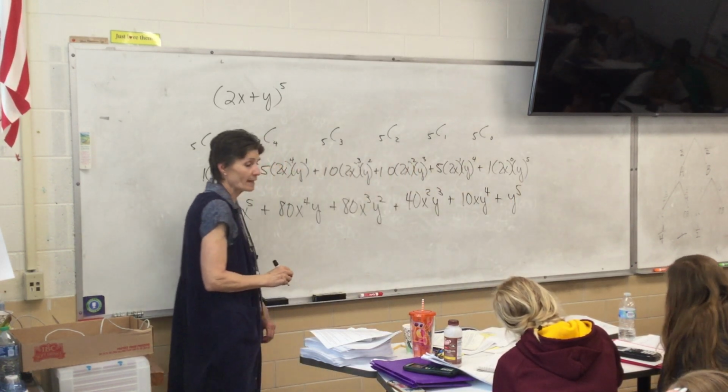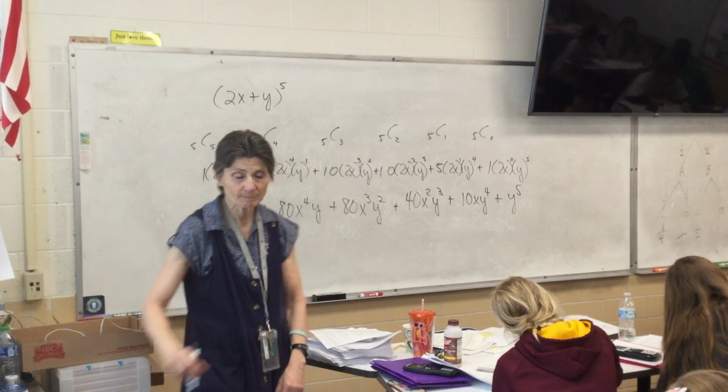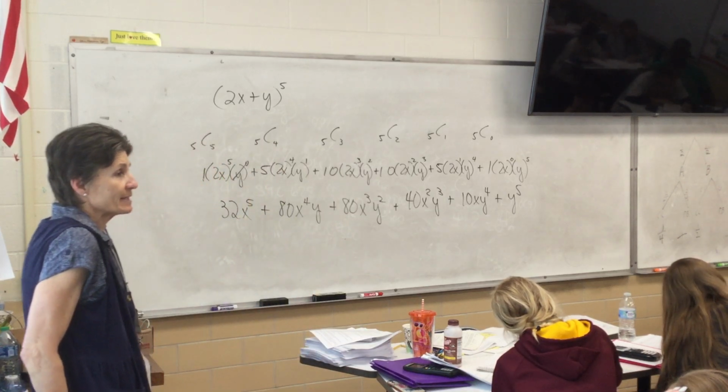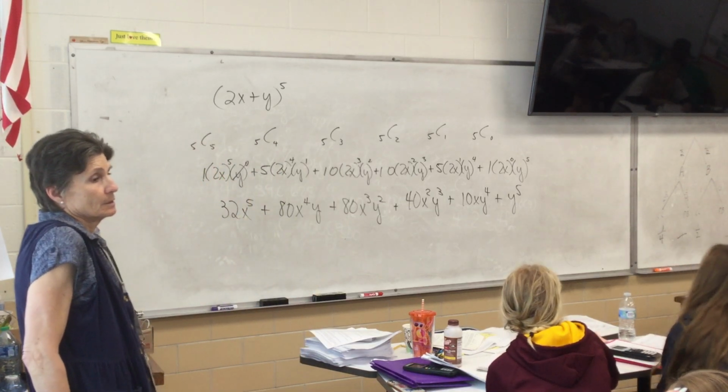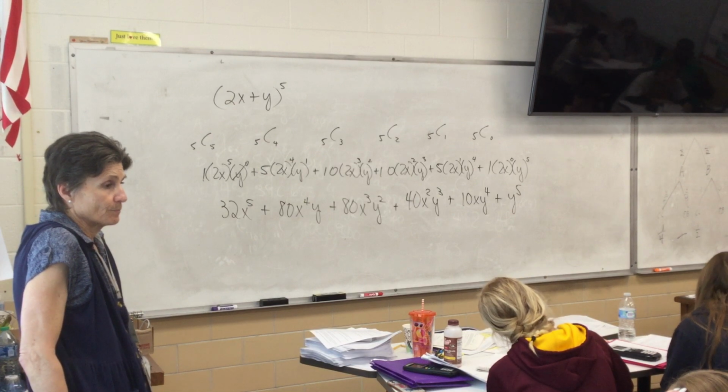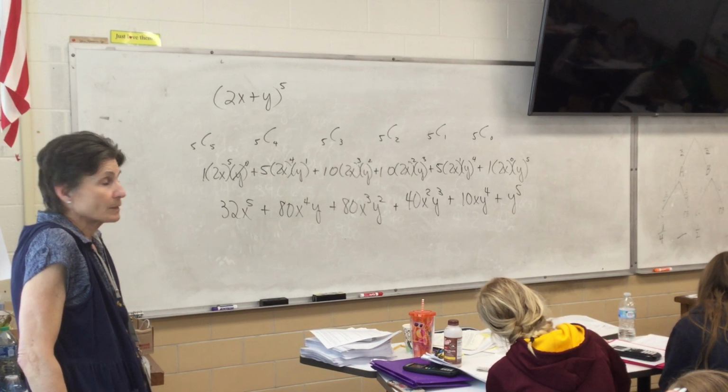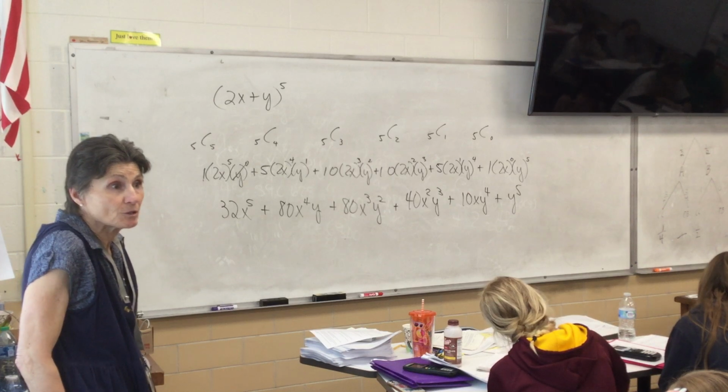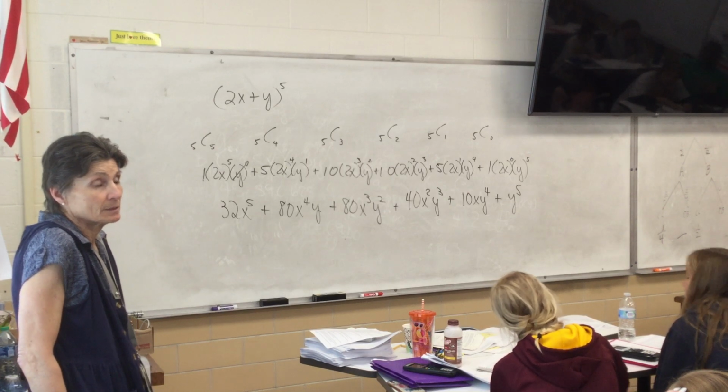I know I went through that kind of fast. I'm trying to get one more problem done. That one takes a while. And that's as simple as you can get it. None of those are like terms, right? We can't combine anything.